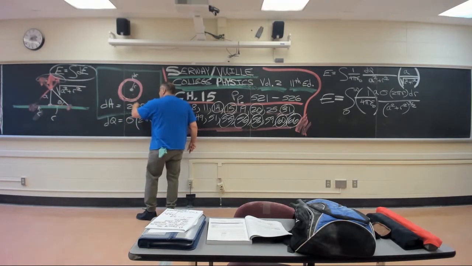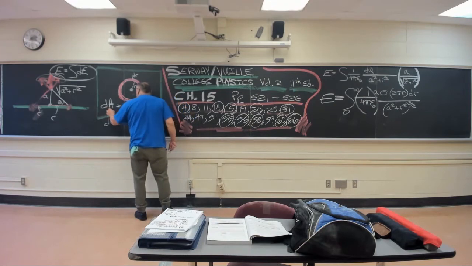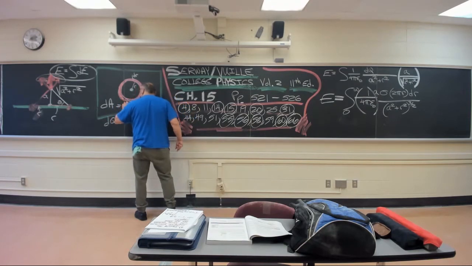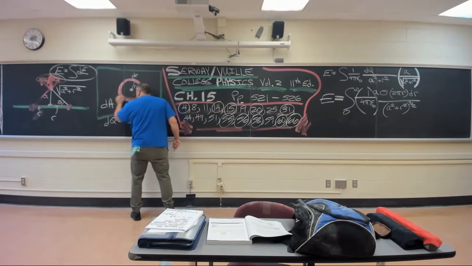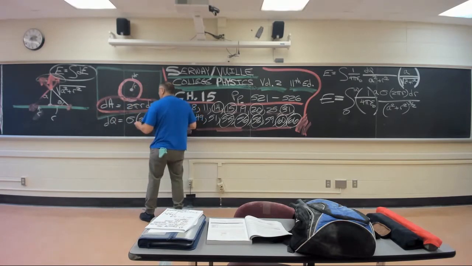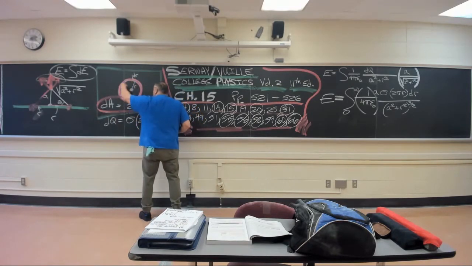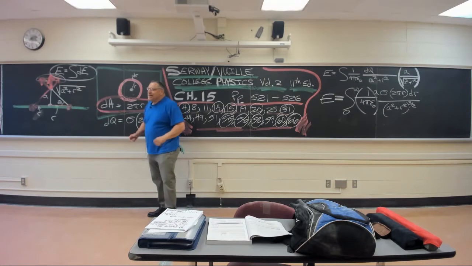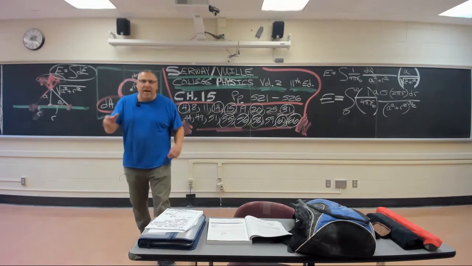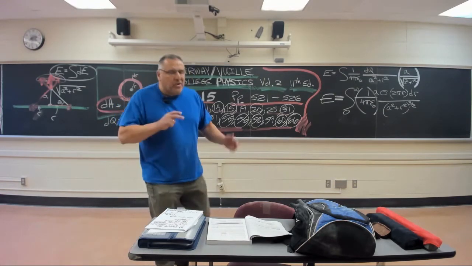To look at this, the differential element of area, highlighted in red, is 2 pi r times dr. That's the circle, 2 pi r, and that circumference isn't going to change tremendously compared to other considerations.